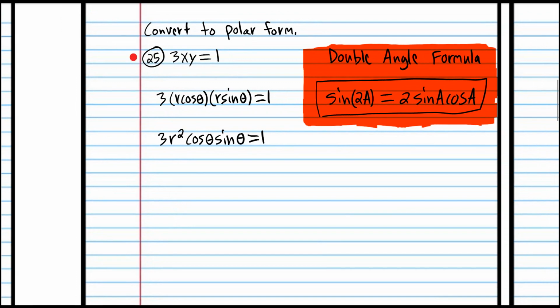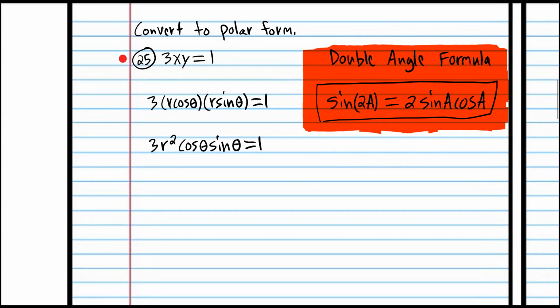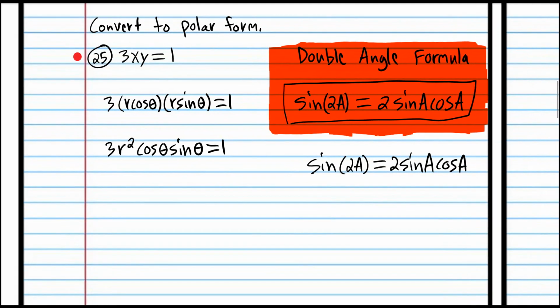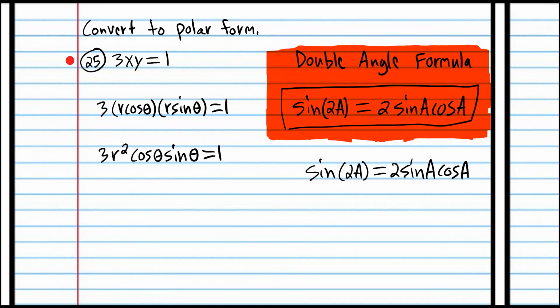But we could go a little further and use a double angle formula. You may remember this formula from my trigonometry course. If we divide both sides of this equation by 2, then we can change the form and use this to help us simplify so that we only have one trigonometric function versus 2.